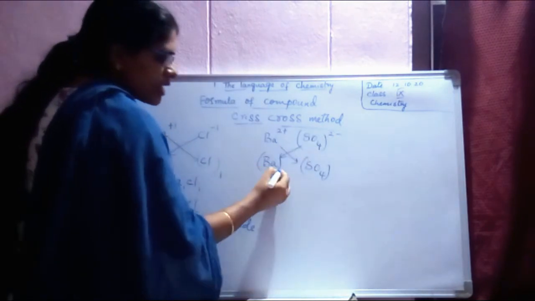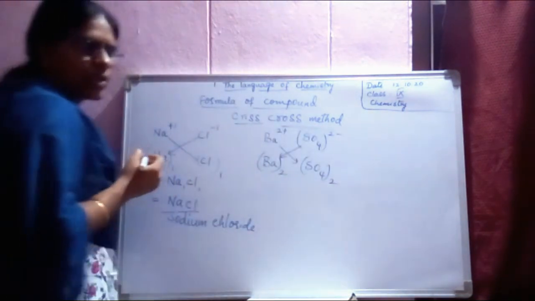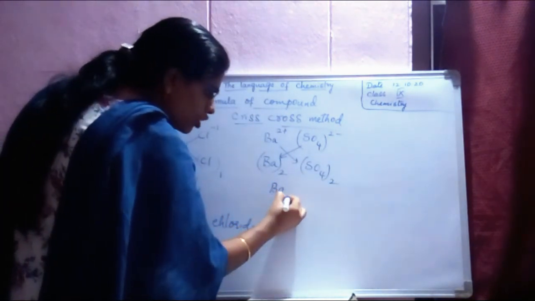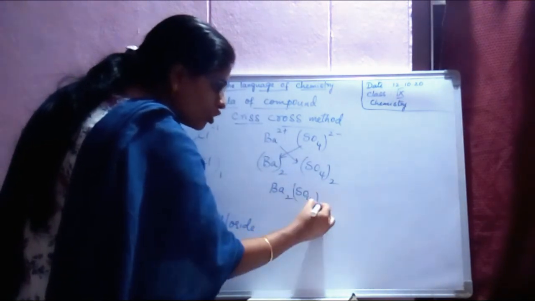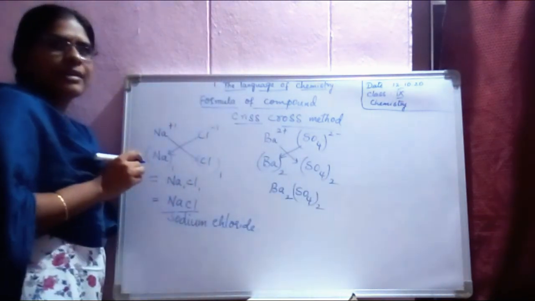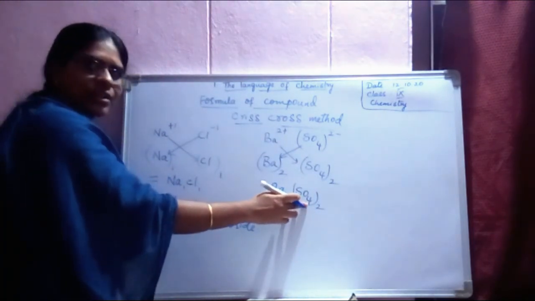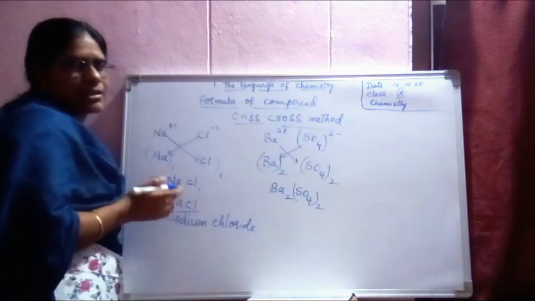How much is the charge? 2. How much is the charge? 2. Now look here: Ba2 SO4 2. This 2 belongs to both sulfur and oxygen, hence you must write it in brackets.